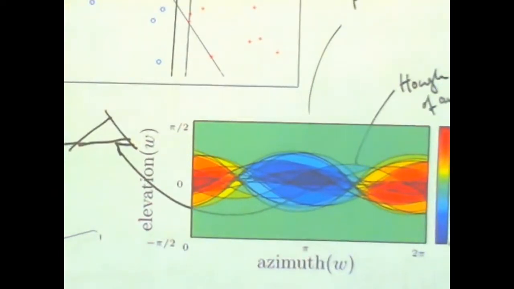I haven't understood that. Can somebody else explain it in a different way? I'm not saying it's wrong, I just haven't understood it.